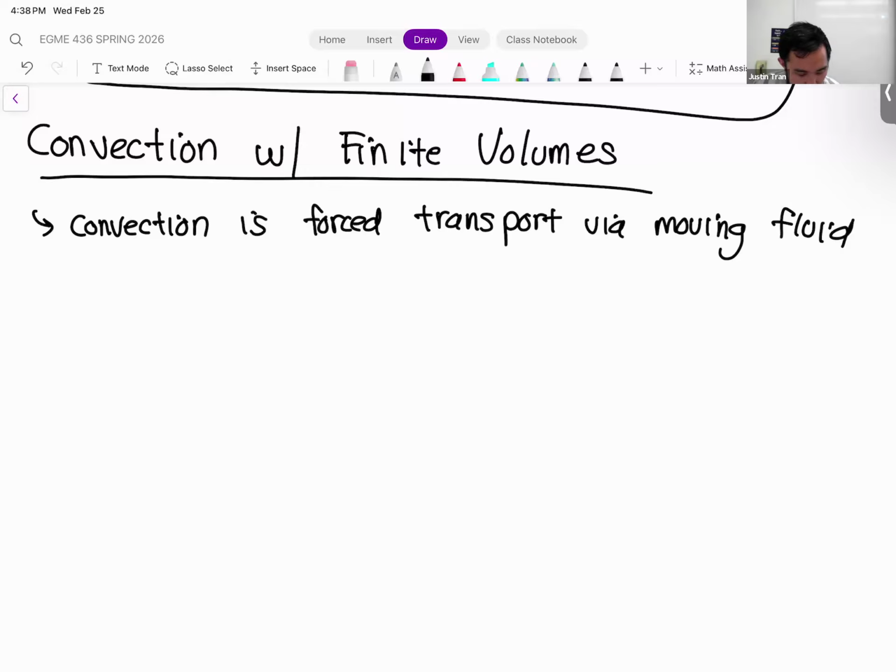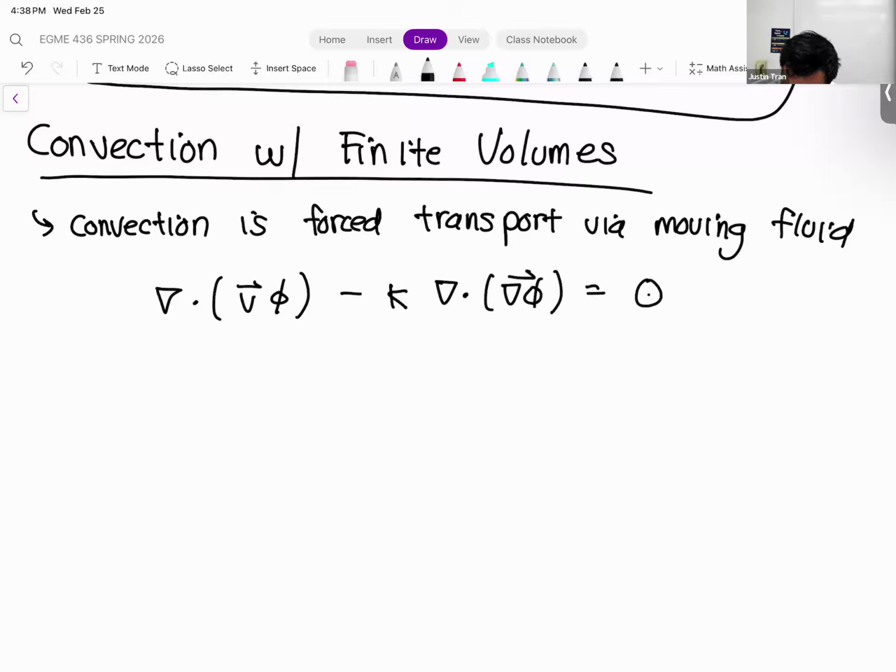Okay. So the general convection diffusion equation in 2D is the following. We have the divergence of some velocity vector multiplied by our solution phi, minus k times the divergence of the gradient of phi, equal to q of x and y.